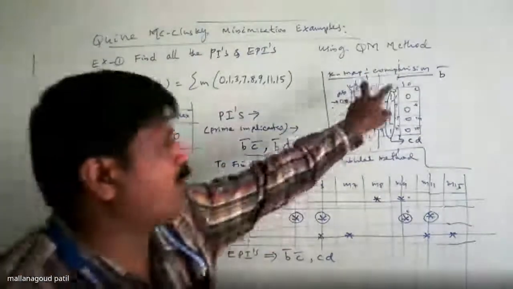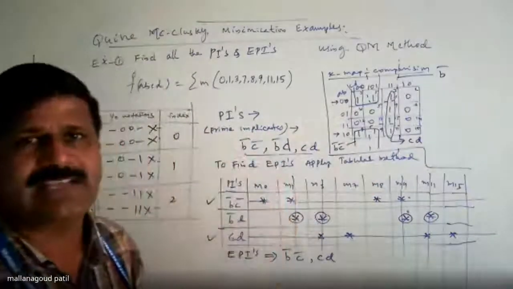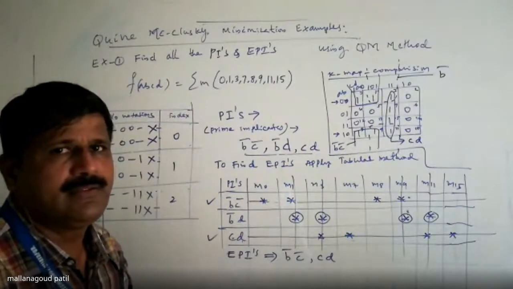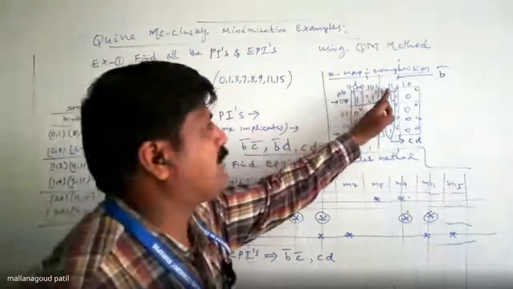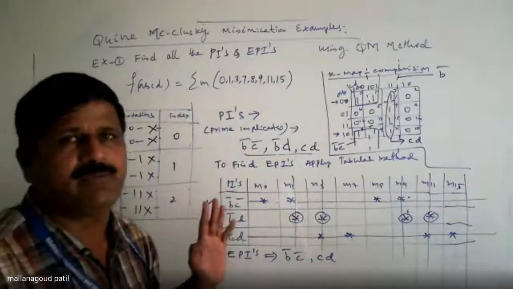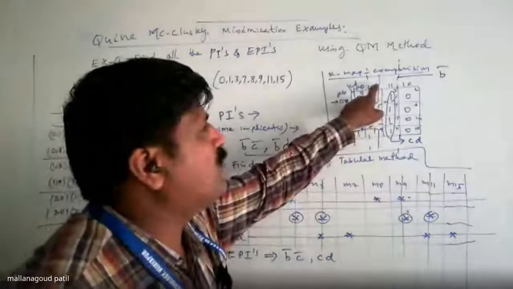And the column I can check. 1, 3, 9, 11: which columns are covered? Column number 1, column number 2, column number 3, column number 4. Grouping is covered with which columns? 2 and 3. What is the address of 2? 0, 1.